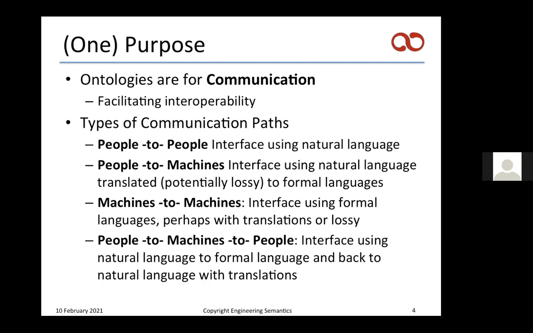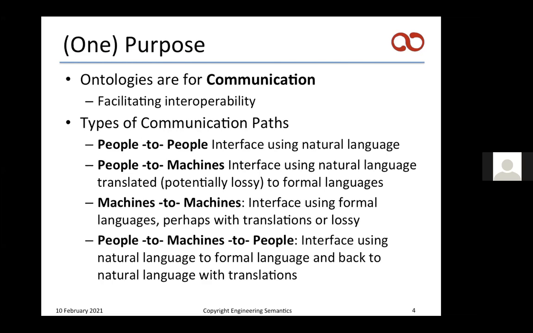And here, by communication, I mean the ability of a transmitter of a message to have that message interpreted in a fashion that's not too dissimilar from the transmitter's intended interpretation. And of course, you'll hear the term interpretation used repeatedly throughout this talk. And I'm taking the notion of interpretation from the Tarskian view.